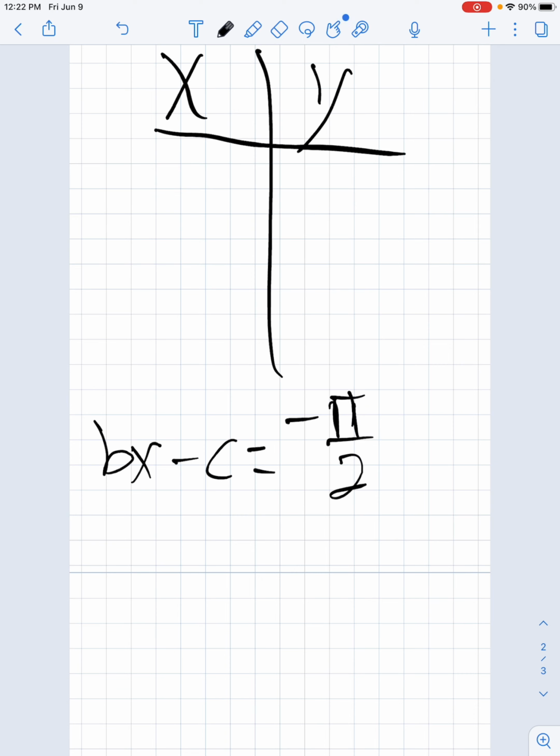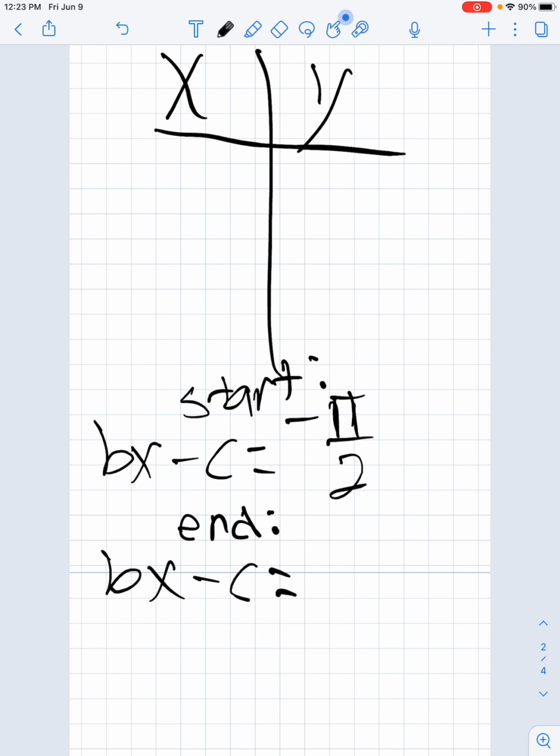And with that, you'd have to start your start and find your end. And with that, it would equal pi over 2. That is right.